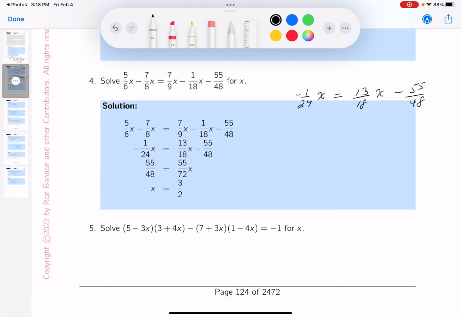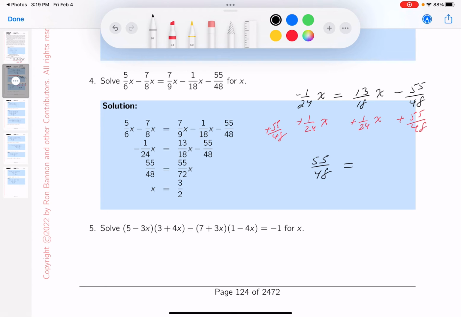So the way I did this, I'll write down exactly what I did. What I did was I added 1/24th of an x to both sides. And I added 55/48 to both sides. Well, I've got to be honest with you, it's not that bad to do. For example, on the left side, you would just get 55 over 48, all right?